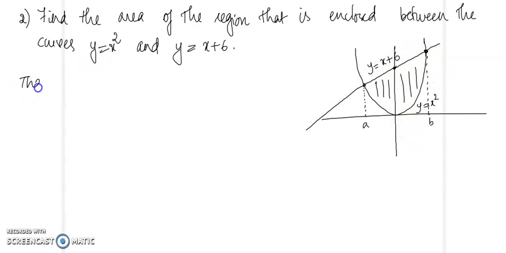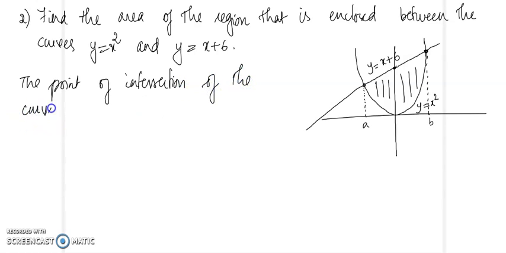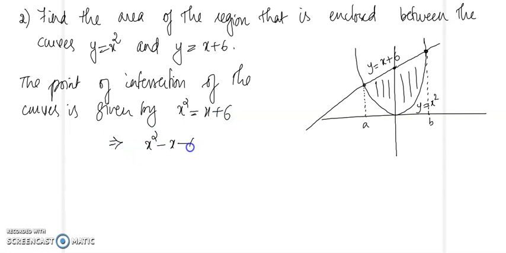So the point of intersection of the curves is given by x square equal to x plus 6. So that implies x square minus x minus 6 equal to 0. So you will get x square minus 3x plus 2x minus 6 equal to 0.